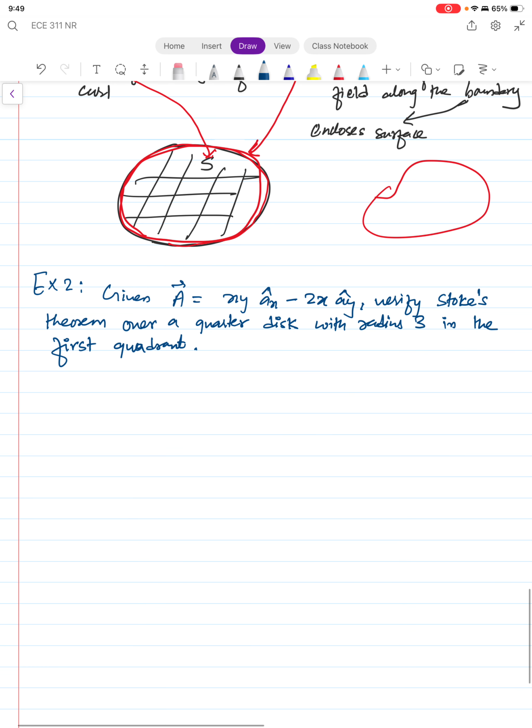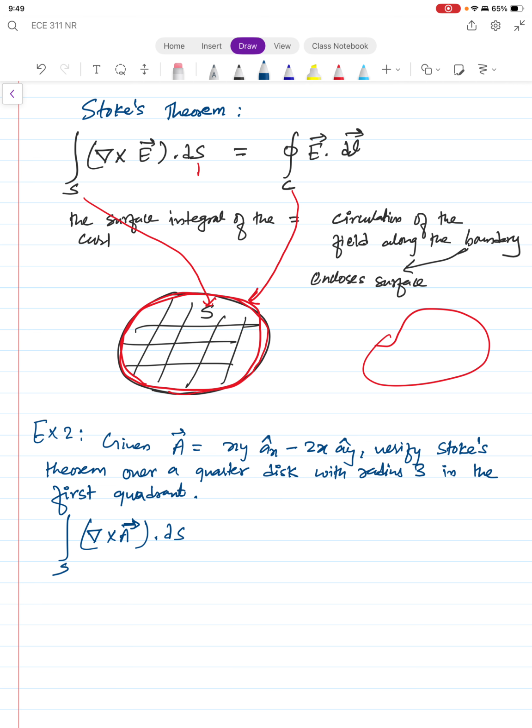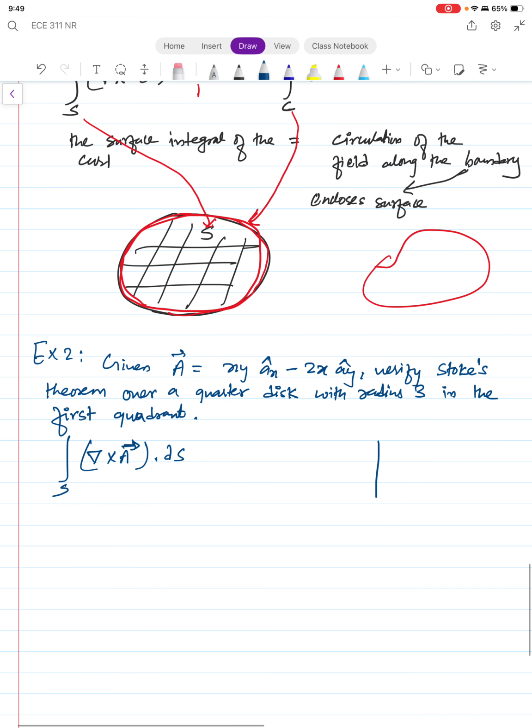Okay, so for this problem you will calculate del cross A, and then you'll calculate the surface integral, which is the left side of Stokes' theorem. You are given a surface something like that. That is your first quadrant. This quarter disk has radius 3.